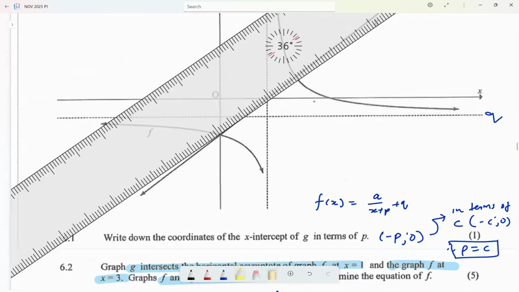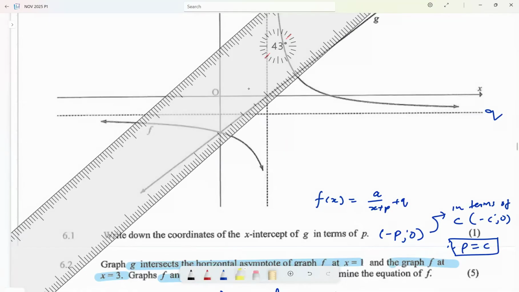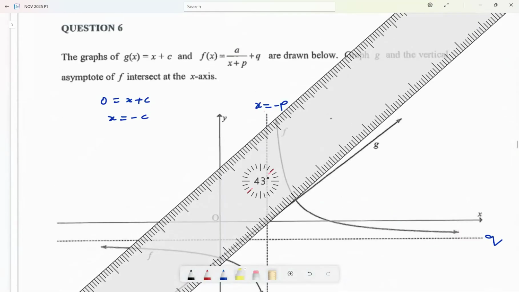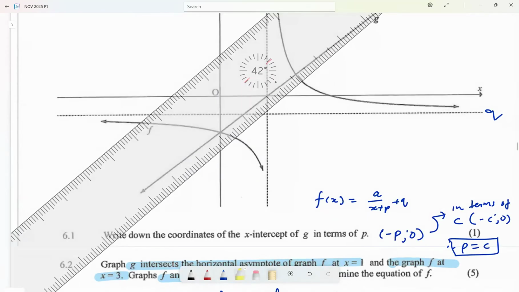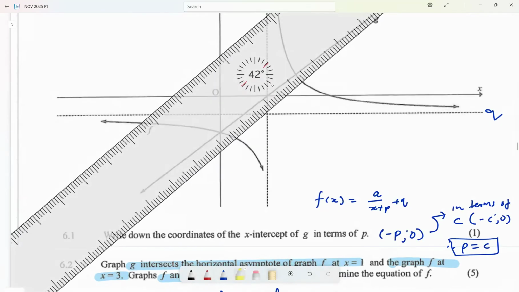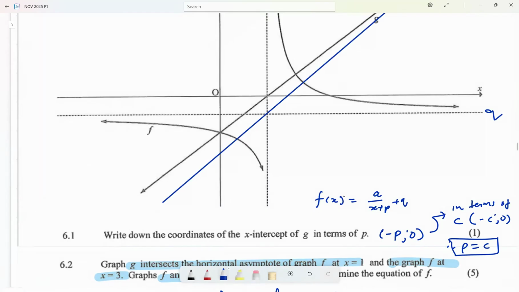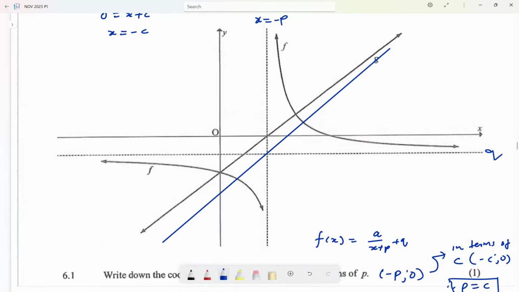Remember, we have the one that is positive and the one that is negative, but the one that's going to cut into two is going to be this one. It needs to pass through the point of contact here. This is the asymptote rather that we are looking for.